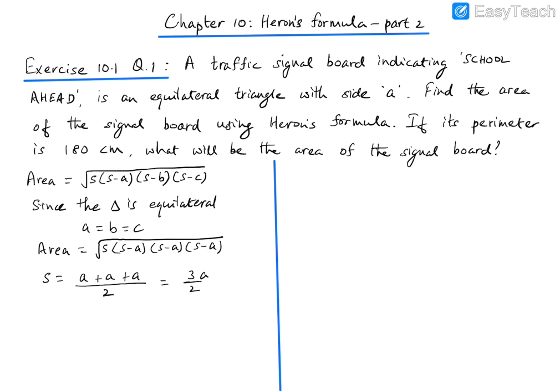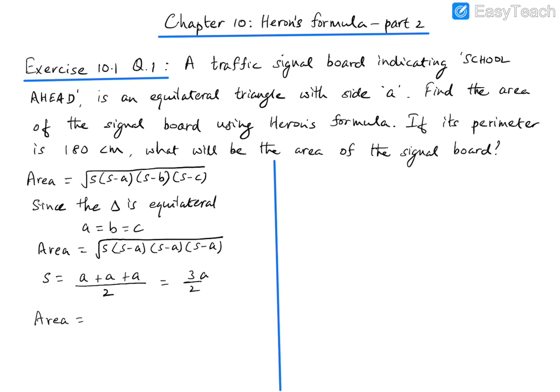Now we can substitute this value in the expression for the area. We have S into S minus A into S minus A into S minus A. Wherever we have S in Heron's formula, we'll substitute 3A by 2 and see what we get.